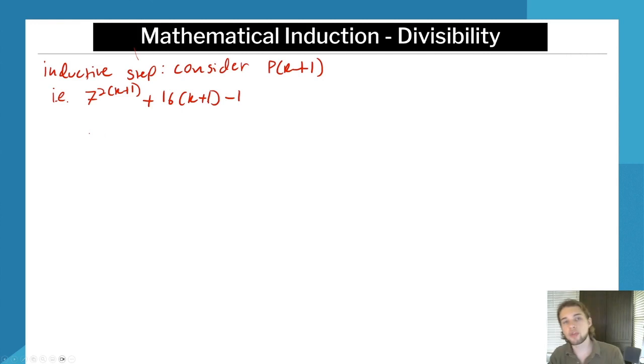We want to prove that this is divisible by 64. That means it equals 64 times, this time, n is a very bad one to use, so let's say t, where t is in the integers. So we're going to try to prove that this is true.